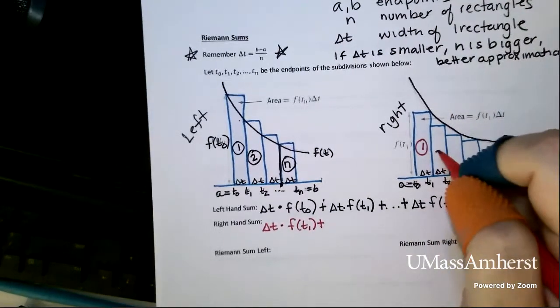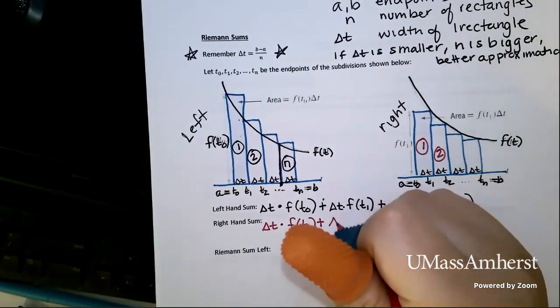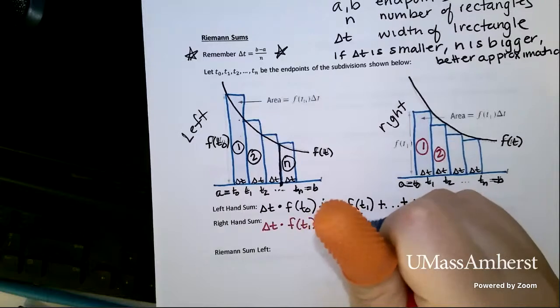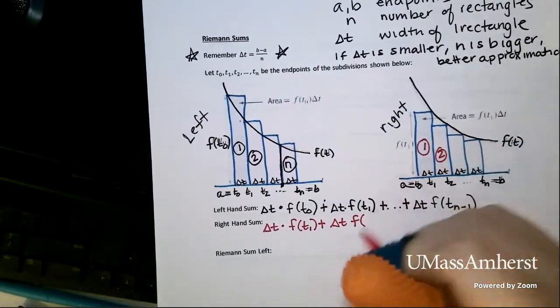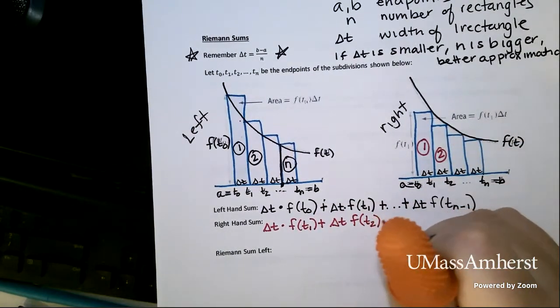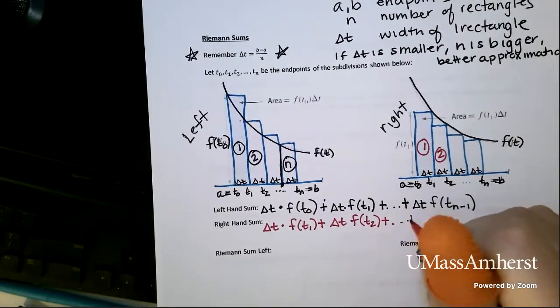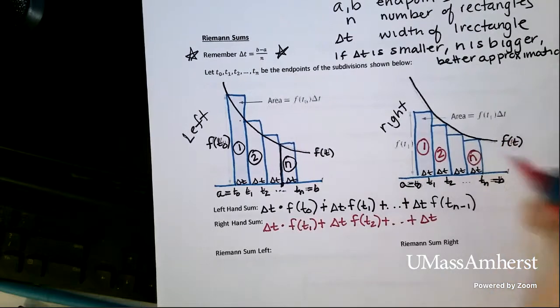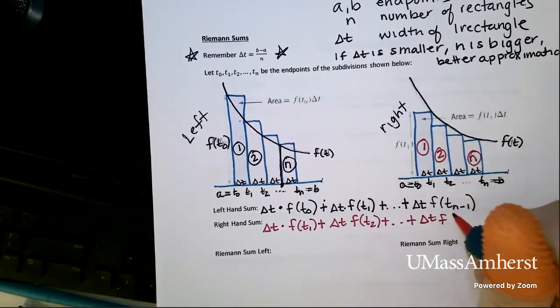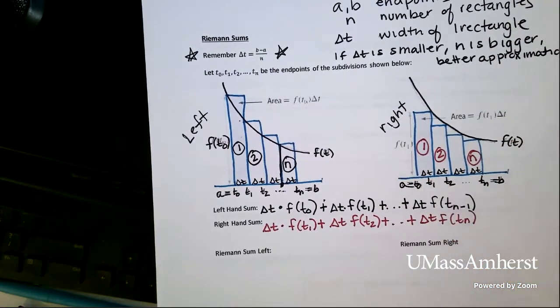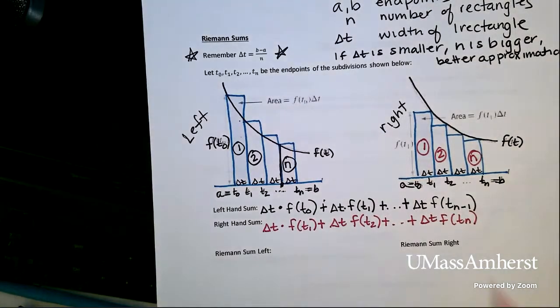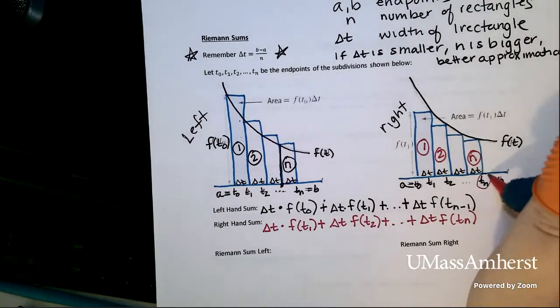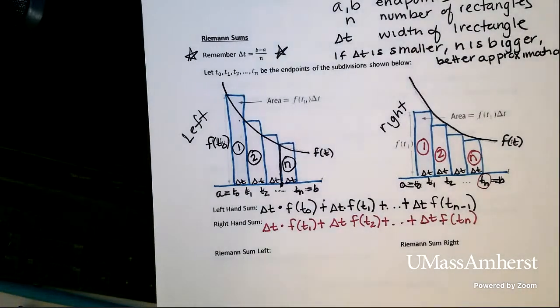And then for our second rectangle, again, delta t, but now the height is going to be f of t sub 2, plus dot, dot, dot, plus. And then the last one will be delta t times f of t sub n, because we're picking the one on the right. And so for the last one, we're picking that t sub n.